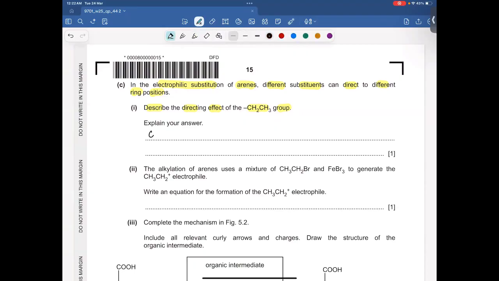CH3CH2 is an electron donating and ortho para directing group.